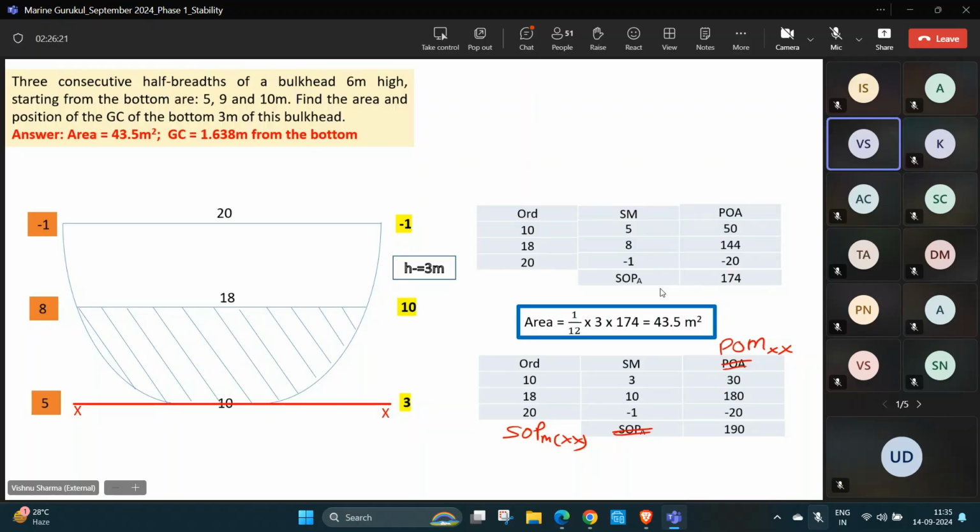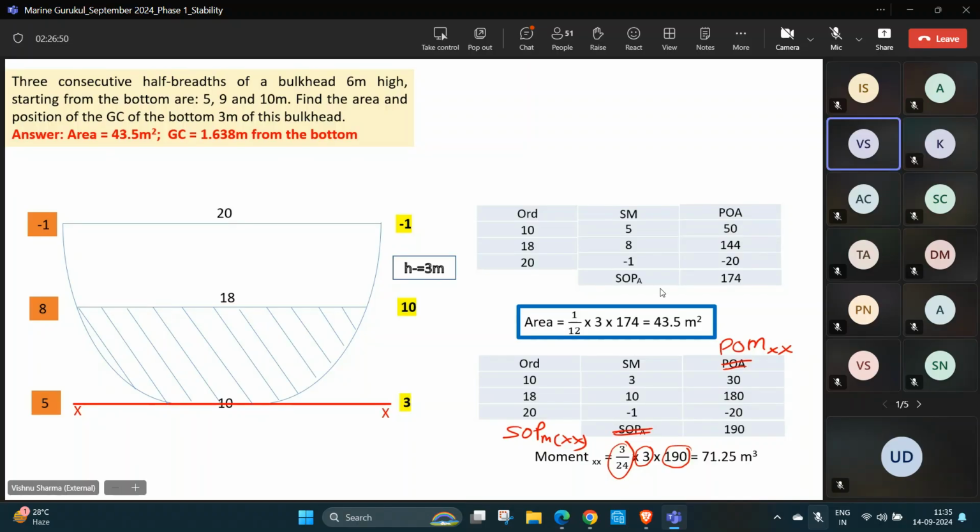So now we apply the coefficient h by 24. Common interval h. So you see, it is h by 24 into h into SOP moment, and it comes to 71.25 cubic meter. Is that correct, beta? Yes, sir, correct.